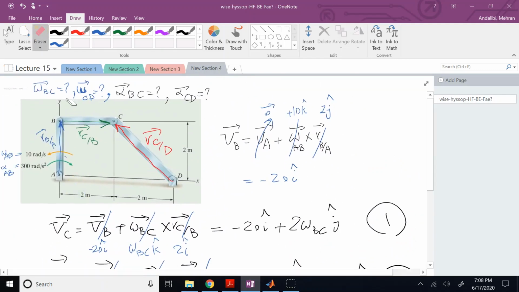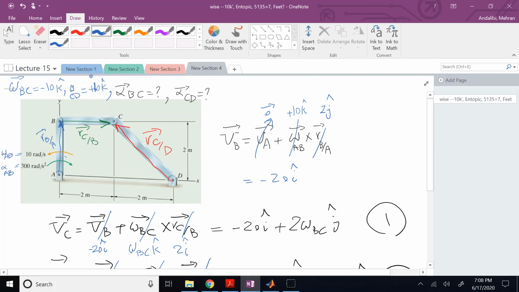So now I would say, okay, omega BC is negative 10 K, and omega CD is positive 10 K. Okay, I got my omegas.